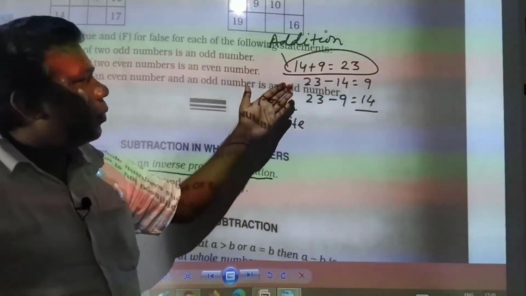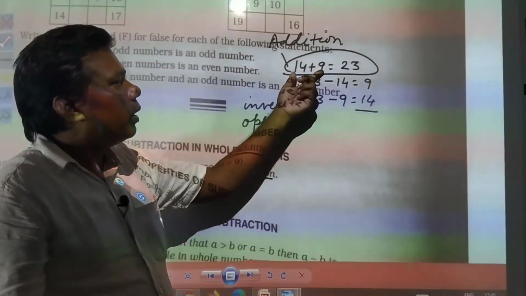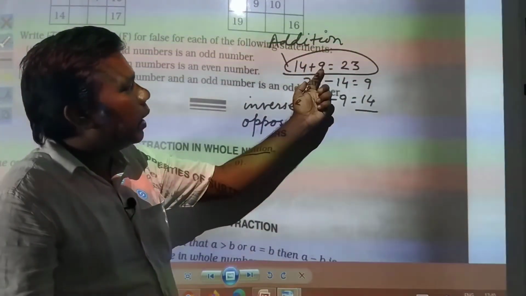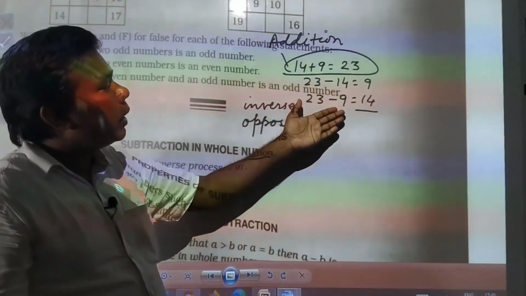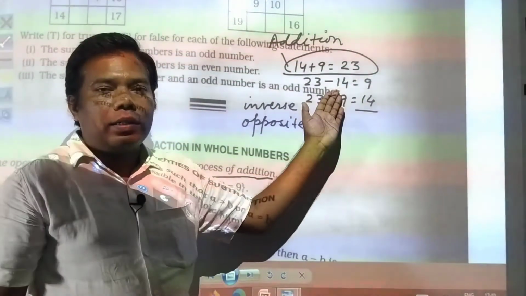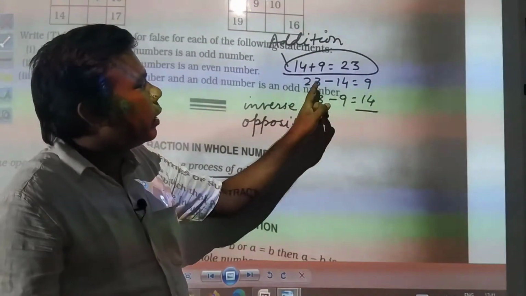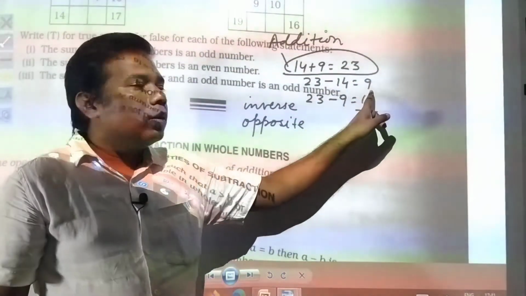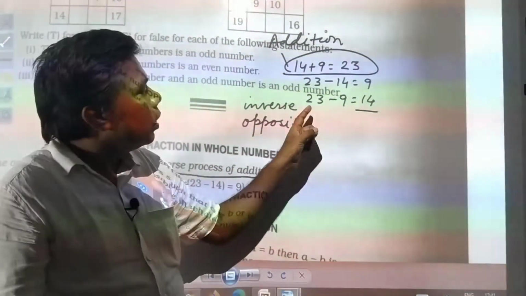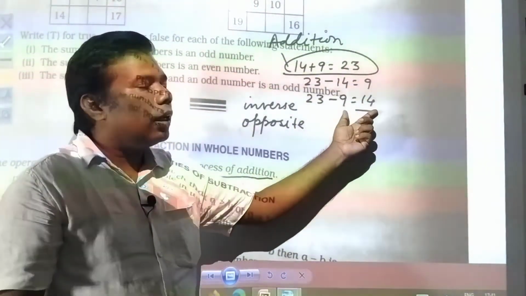One thing you need to remember: when we add, the number increases. We have added 14 and 9, the number has increased; 23 is greater than 14 and 9. But in subtraction, the number from which we subtract is greater than both the numbers. From 23, if you subtract 14, you get 9. 9 is lesser than 23, and 14 is also lesser than 23. 23 minus 9 gives 14, again both numbers are lesser than 23.